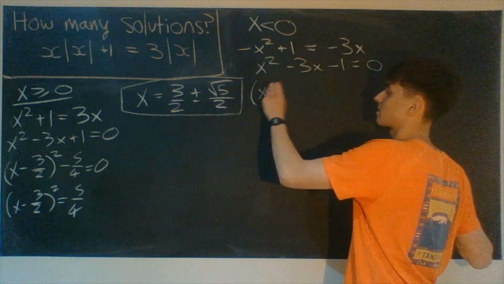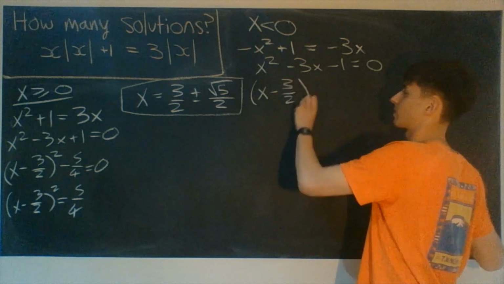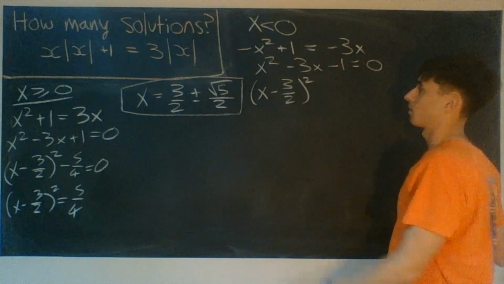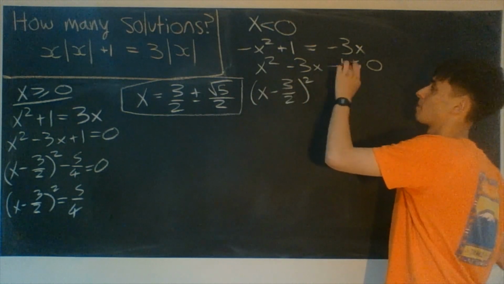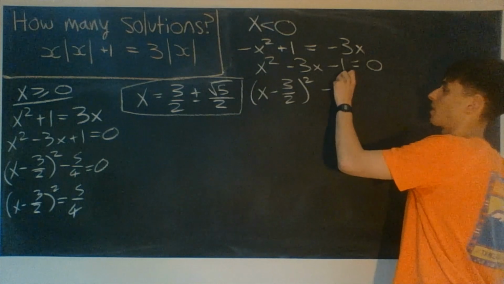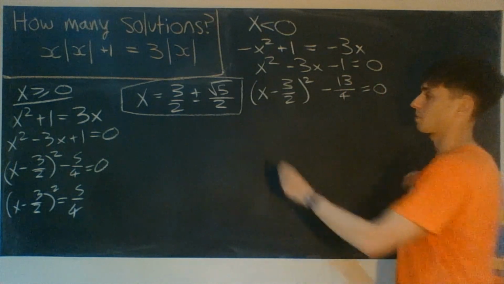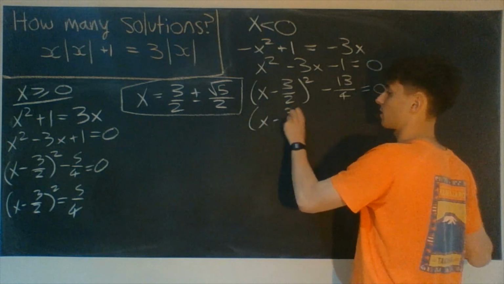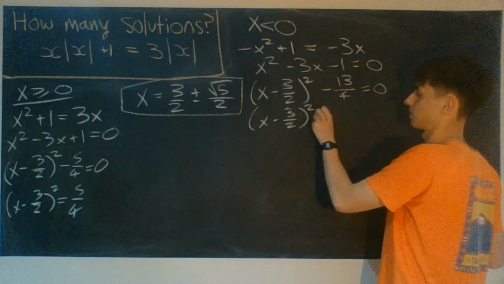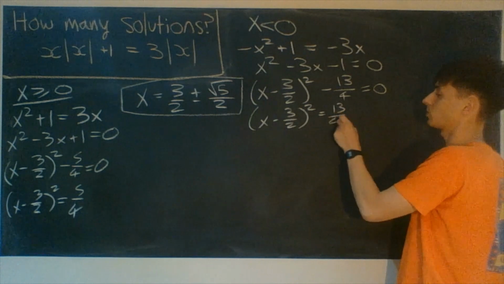So we get x minus 3 over 2 squared, minus 9 over 4 minus 1. So that will be minus 13 over 4 equals 0. So x minus 3 over 2 squared is 13 over 4.